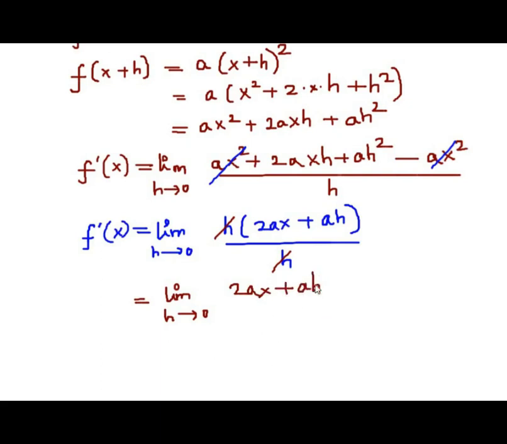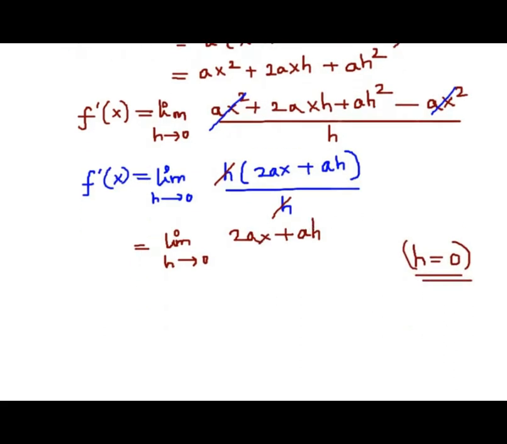Now here we are left with the h term. As we can see, h is tending towards 0. We can assume here that h has become equal to 0, meaning it has been approaching very near to 0. So we can say that h is equal to 0. So in place of h we can replace it with 0.